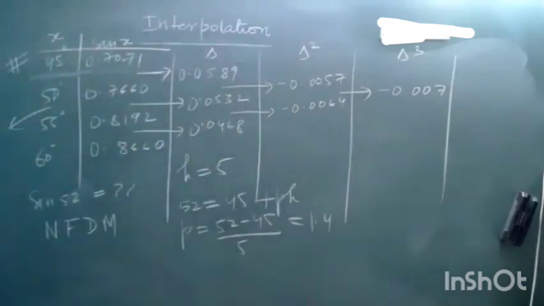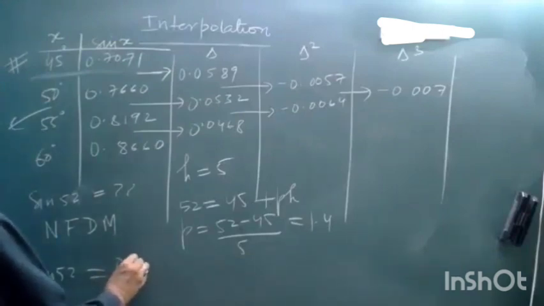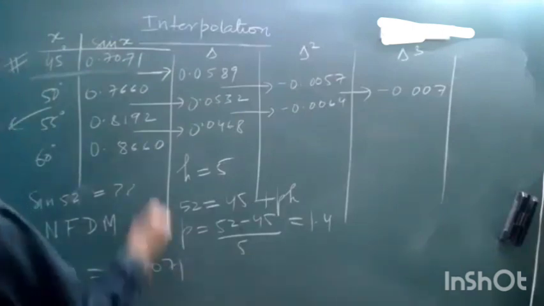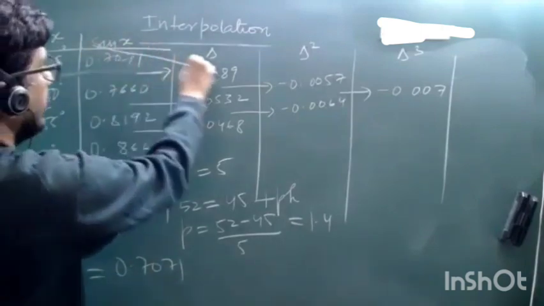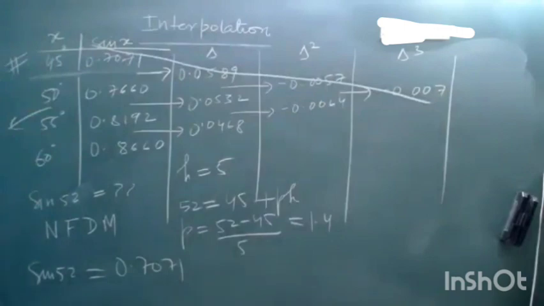Now write the formula. So sine of 52 will be equal to 0.7071. So I will be using this. देखो ये. This is the forward difference method.